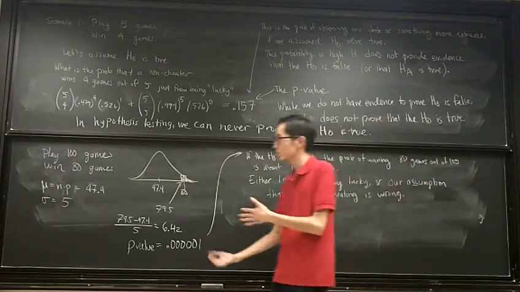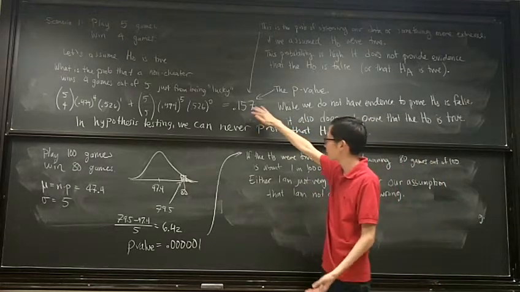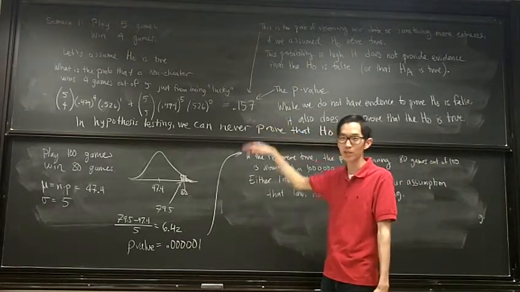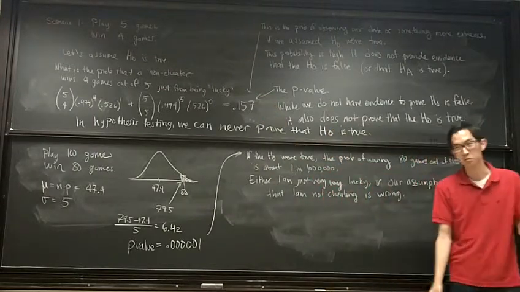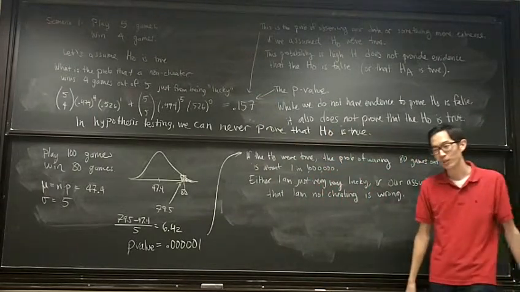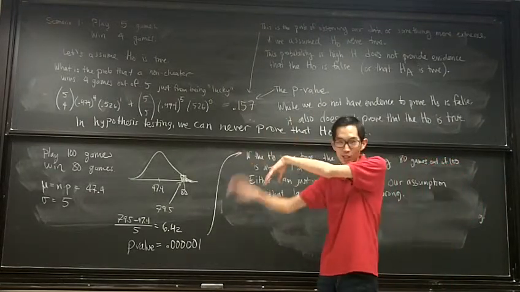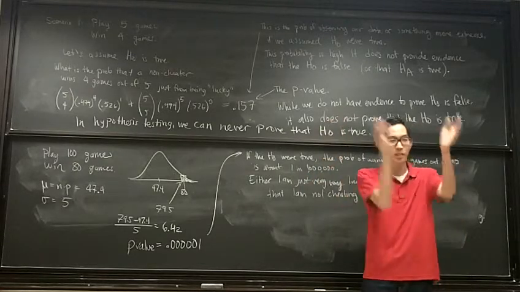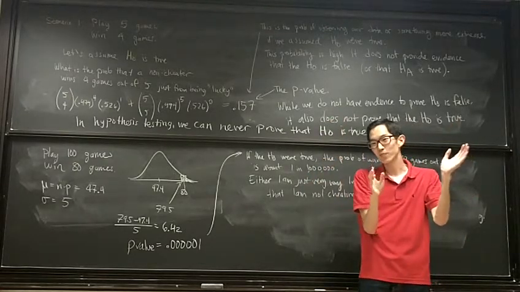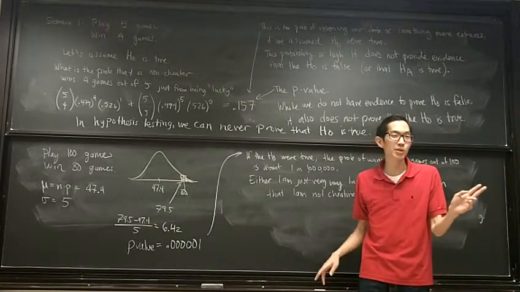With other scenarios, you might not see p-values that are so distinct. Maybe you see a p-value of 0.02. Maybe somebody else played some other number of games, and the probability of winning however many games they got by random chance is only 2%.